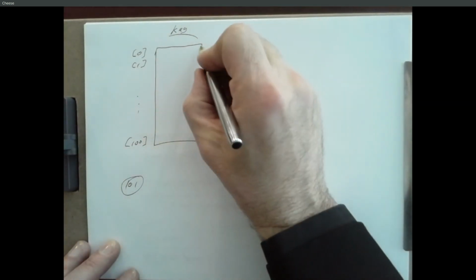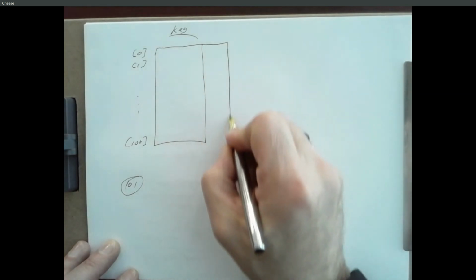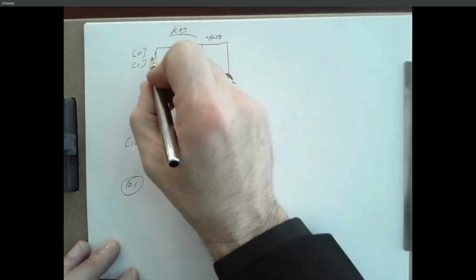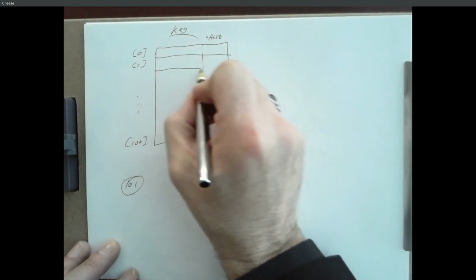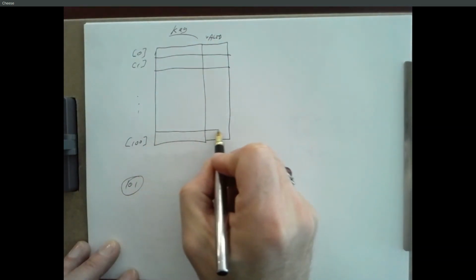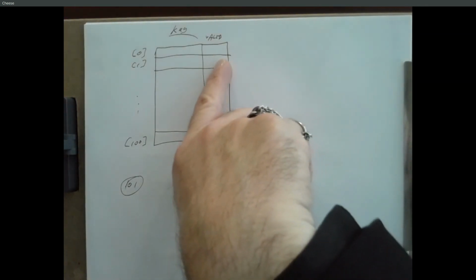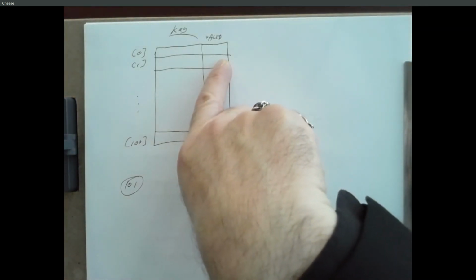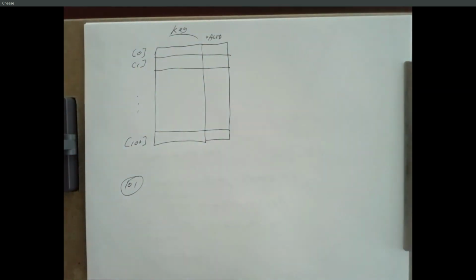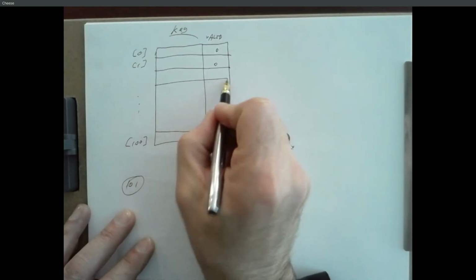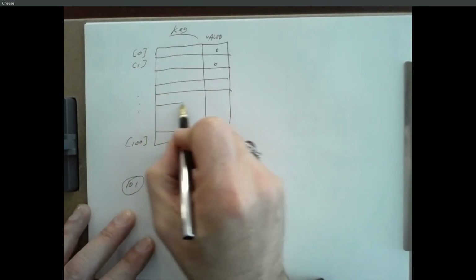But then we also have this idea of a valid flag, because there's nothing inherent that tells us whether this space is empty or occupied, because it always looks like it has something in it. So when we store something into this table, we're going to set this valid field to 1. It's just a flag. So these can start off at 0.